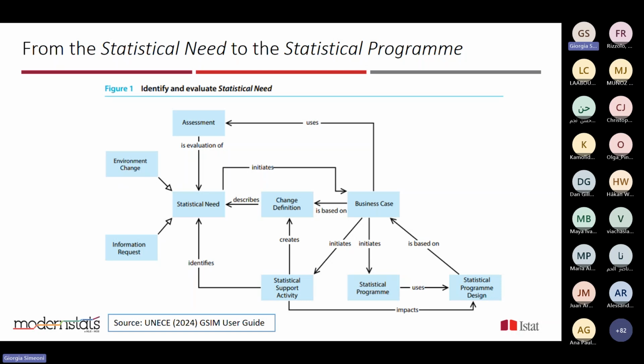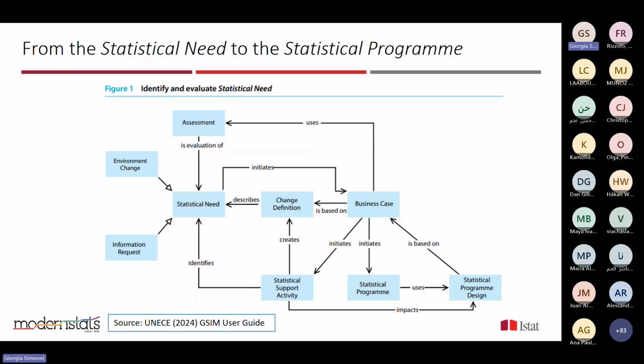From these statistical needs, we need to initiate a business case. That is how the statistical office can answer to this statistical need. We can also remind to the definition of the business case, that is one of the sub-processes of GSBPM in the first phase on the specification of needs.